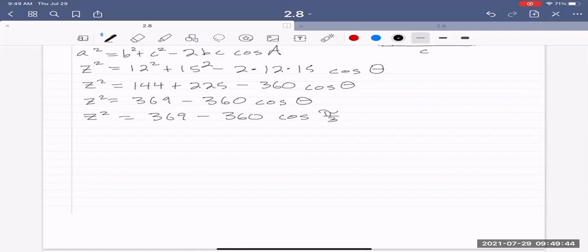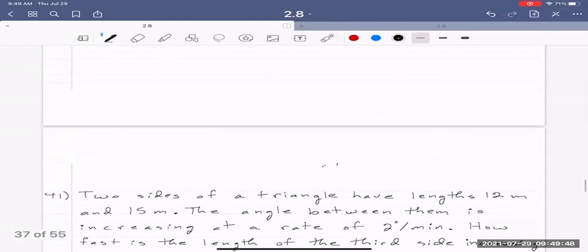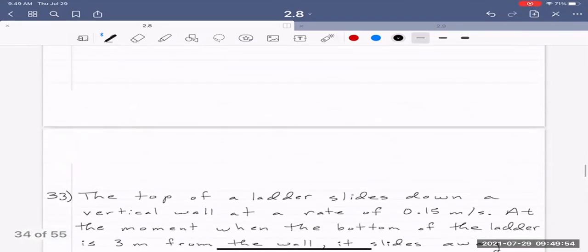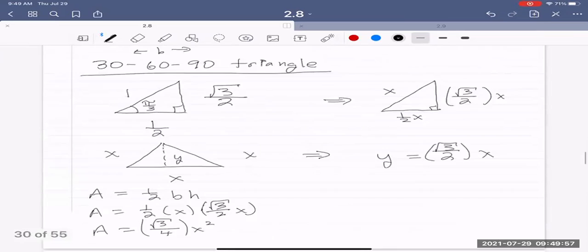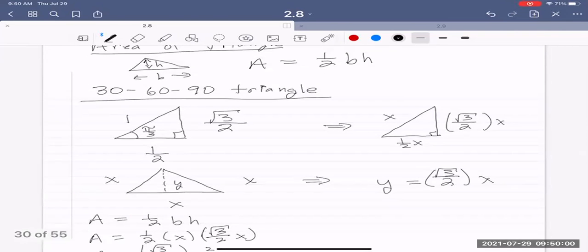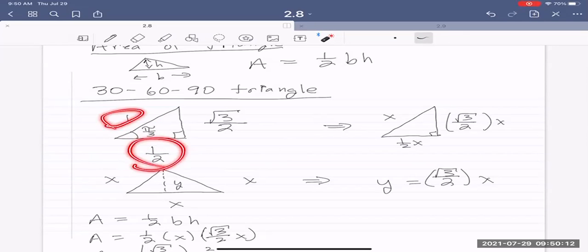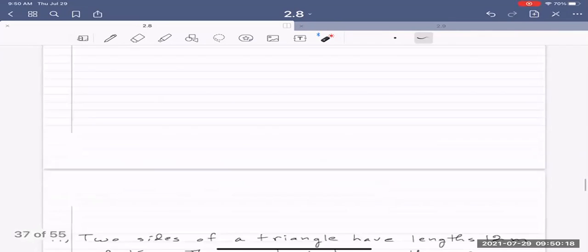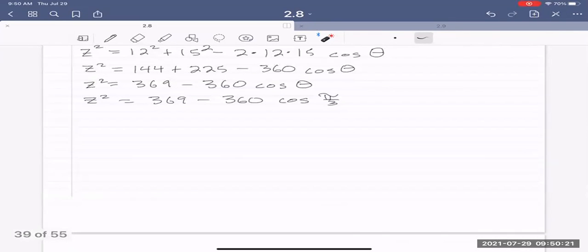The cosine of pi over 3 is 1/2, which I have right here in the previous problem. So I just said that this is 1/2.